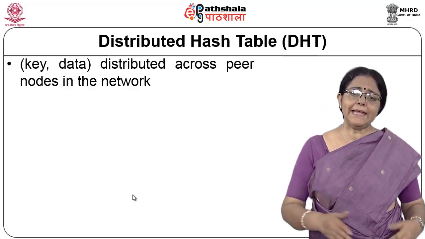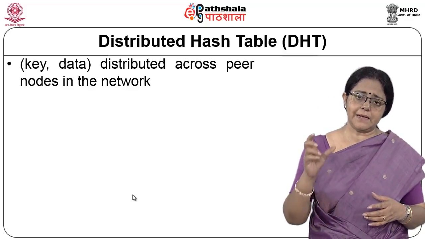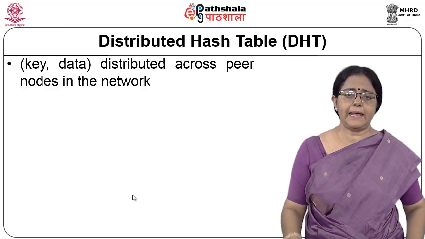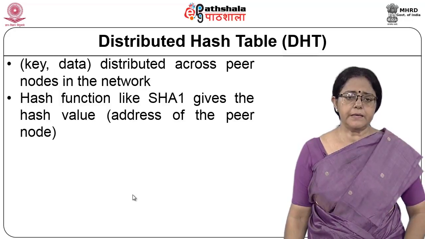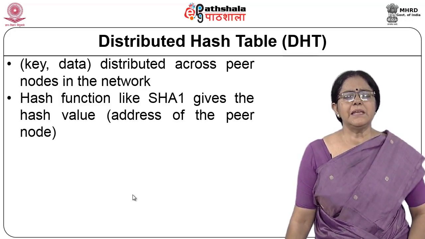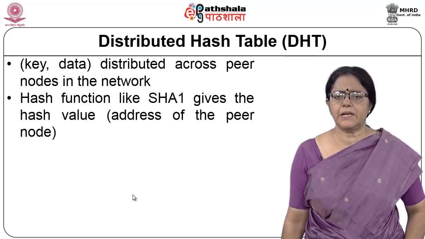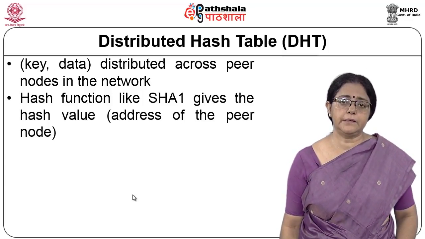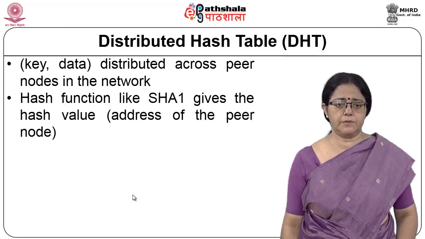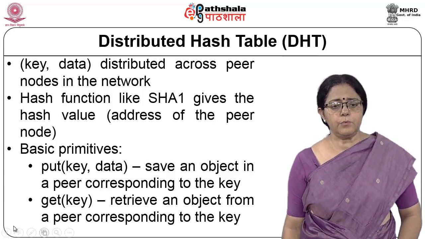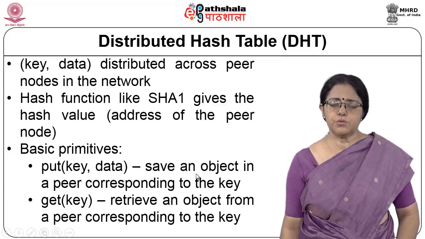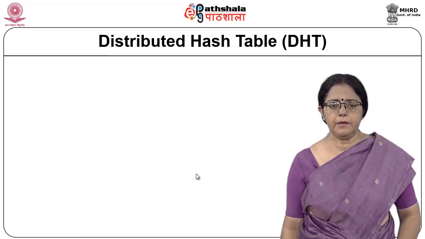So, a key and its data will be there in one of the peers, and a hash function like SHA-1 can be used to find the node which has this particular key, and we use the put and get mechanisms to store and retrieve data from a DHT.